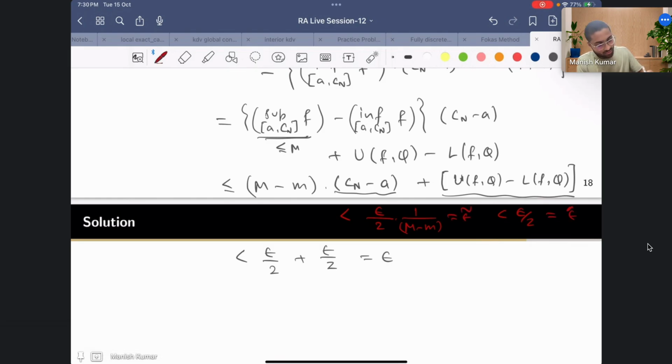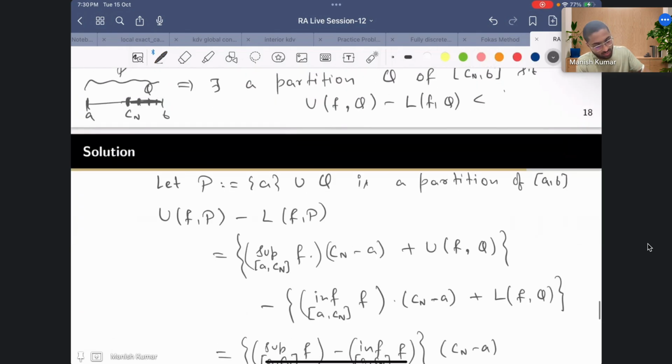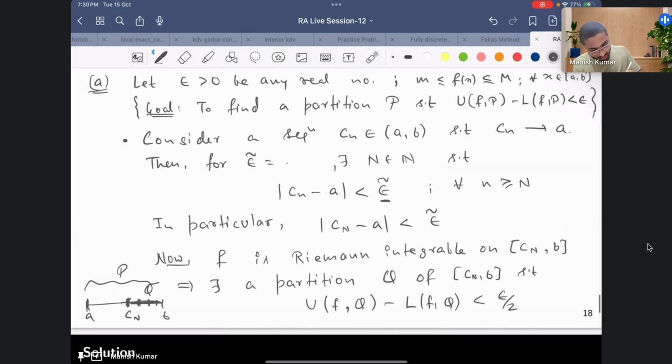Okay, so now I'll just substitute. So here I'll get epsilon by 2. Okay, here I can write epsilon tilde would be epsilon by 2 times (M minus m).